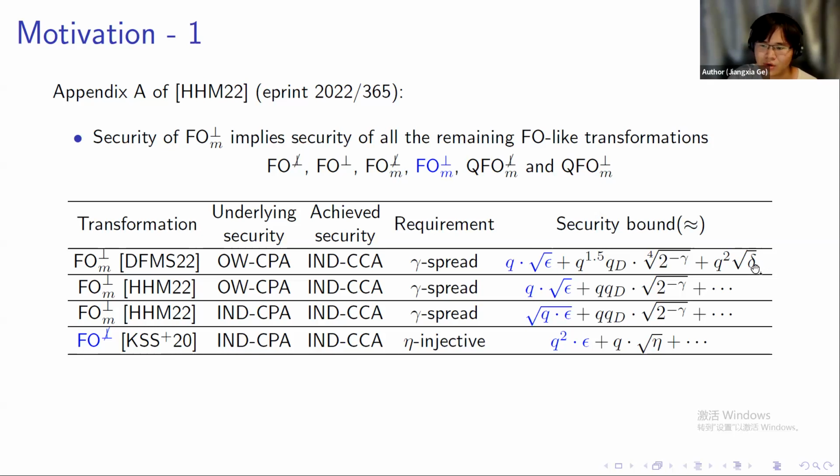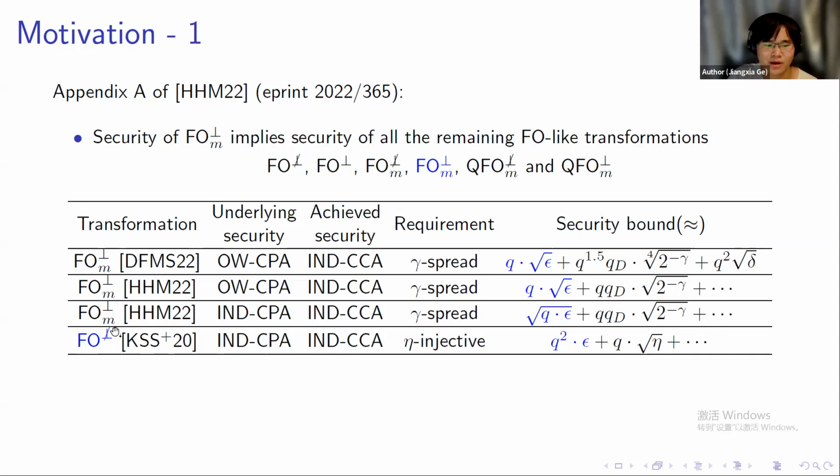We also call a PKE scheme delta-correct if its correctness error is delta. Here we do not consider delta-correctness as a requirement because any PKE scheme has a correctness error, some large and some small, and a basic requirement of a PKE scheme is that it should have a negligible correctness error.